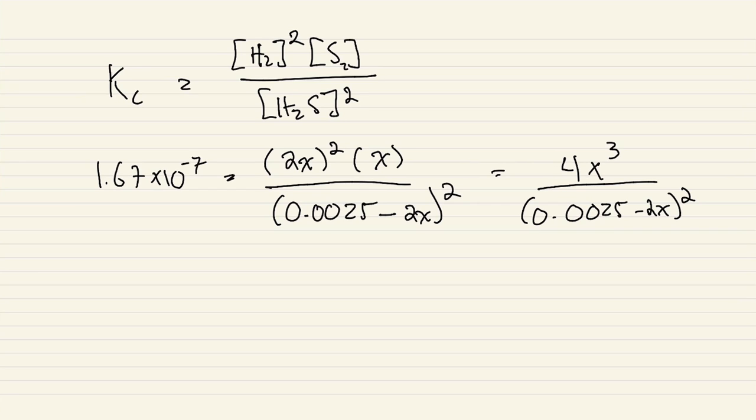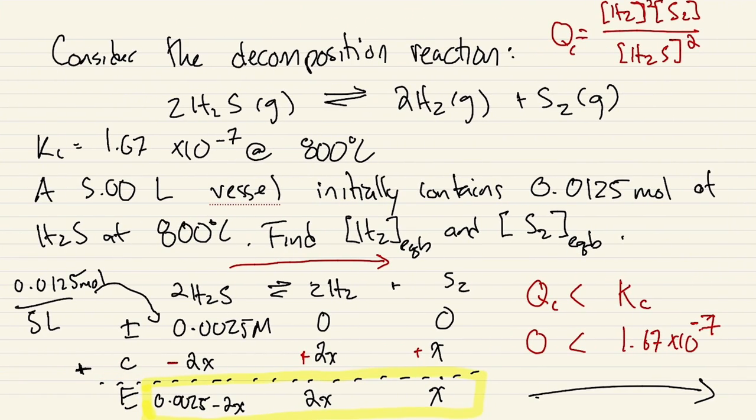If we look at the value of Kc, what can we say about it? The size of it. It's very small. It's very small, which means the reactants are favored at equilibrium, right? So when we only have initially hydrogen sulfide, as we move towards equilibrium, we're only going to make a little bit of this. Why? Because the equilibrium constant is very small.